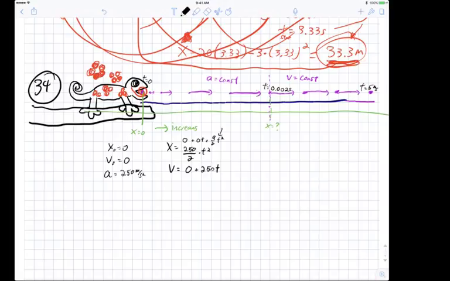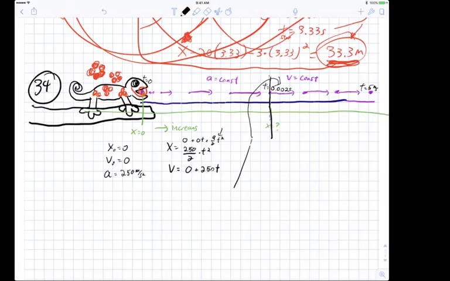All right. So the question here is, where is this point and how fast are we traveling at it? So the nice thing about it is we know exactly when this point is. So plug this number in.